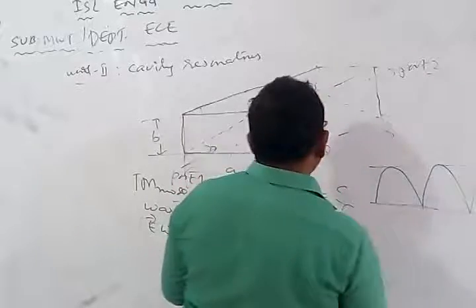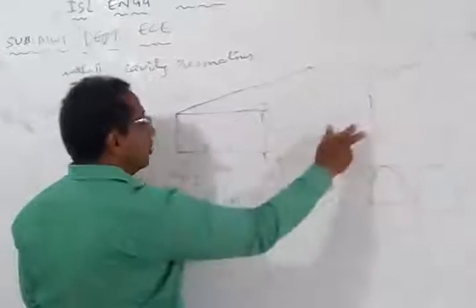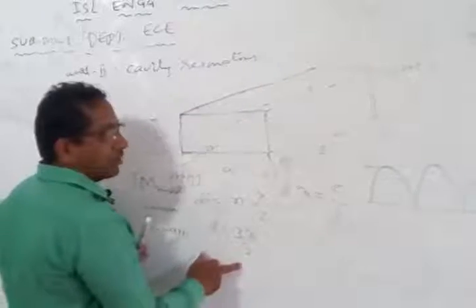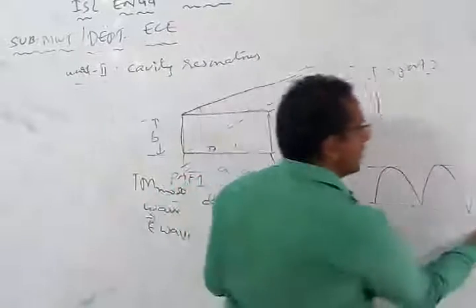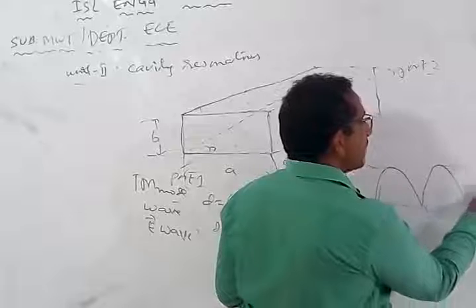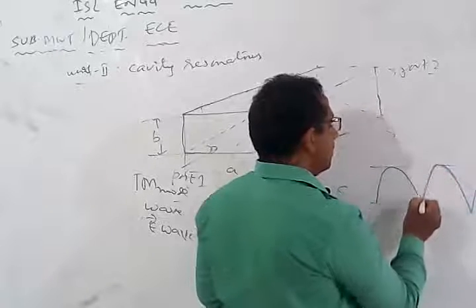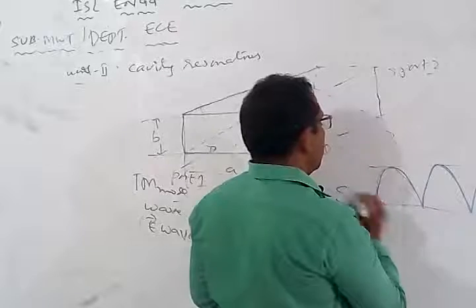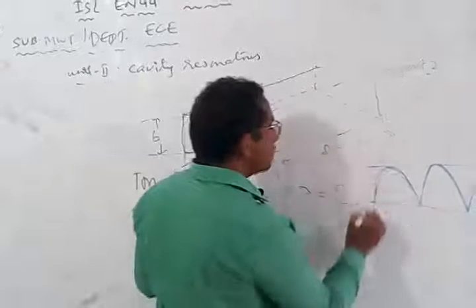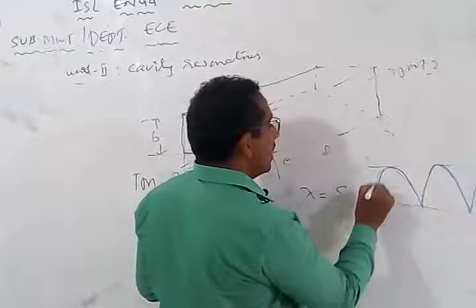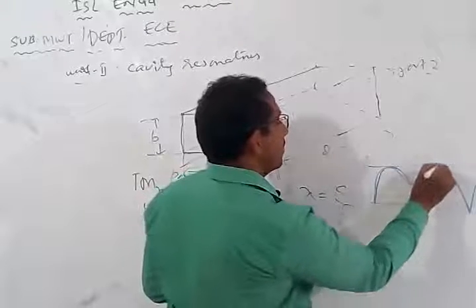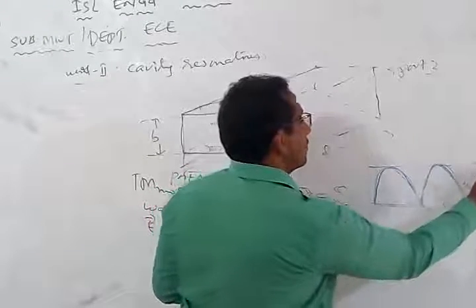Now if you set the distance between port 1 and port 2 to 3 lambda by 2, then what happens? The same wave is simply going to get reflected back with the same lambda by 2 distance. Once it hits this boundary, the wave is once again going to get reflected back towards port 2.